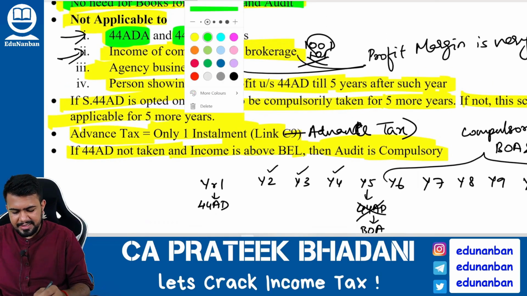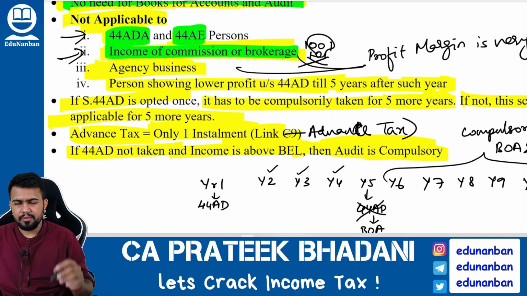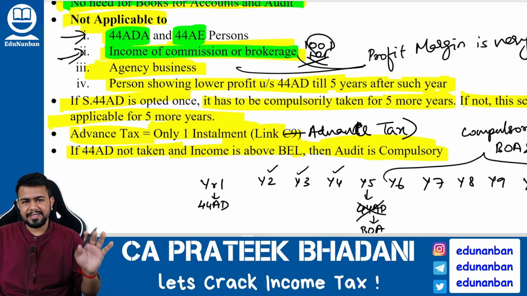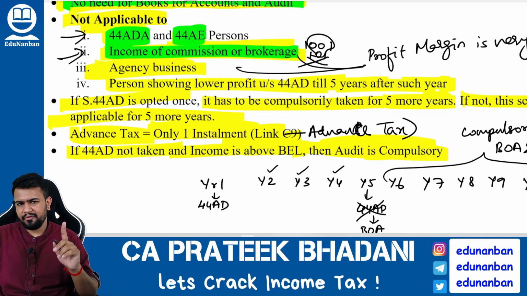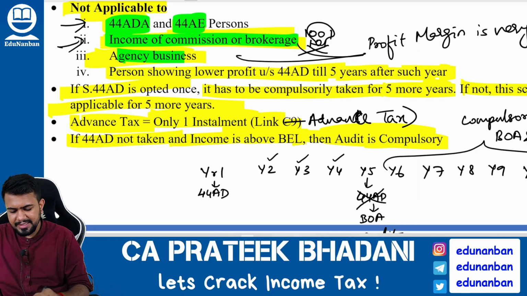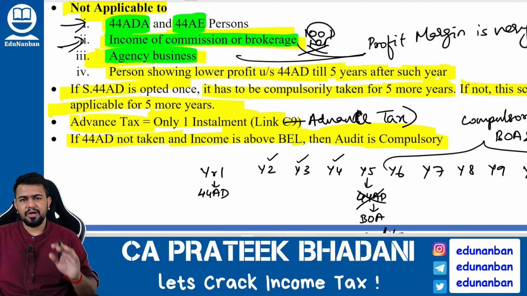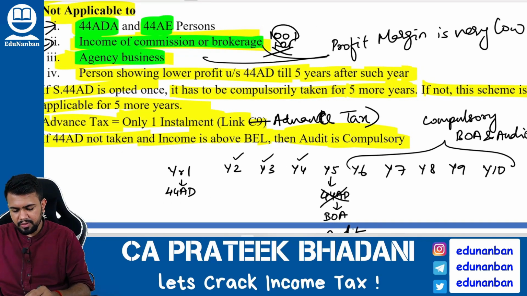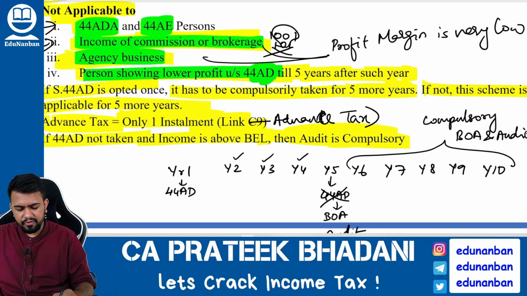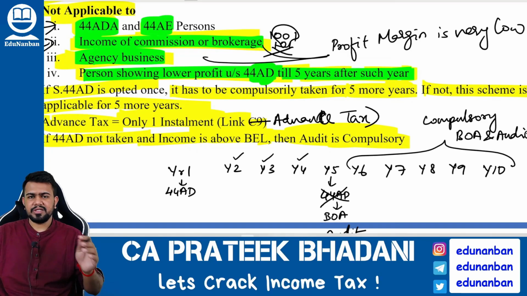Then if any assessee is getting an income of commission or brokerage, then also 44AD is not possible. So in the P&L account, if you find any commission income or brokerage income, don't choose 44AD. Then if an assessee is engaged in agency business, he also cannot opt for 44AD. And then last, if a person is showing lower profit for 44AD, till 5 years after such year.